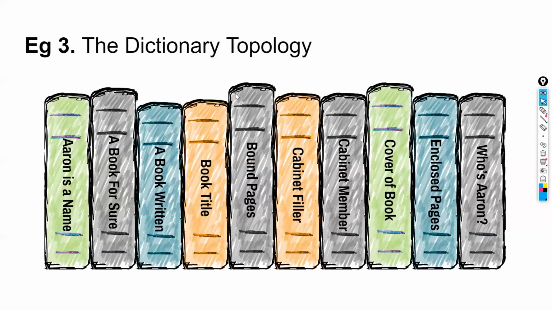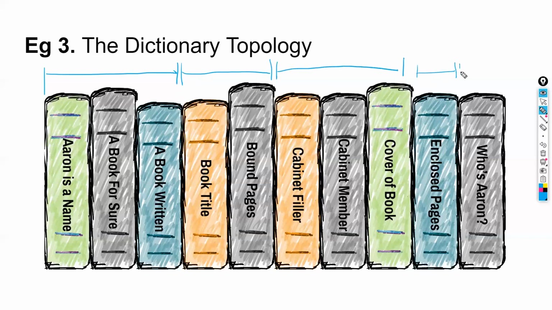Okay, so the next example I want to show you is the dictionary topology. The idea behind the dictionary topology, at least the image that you should have in your head when you're trying to imagine how this should go, is of a bookcase, of just a shelf whose books have been arranged alphabetically. There's kind of a whole section of books that are labeled, that begin with an A. Their titles start with an A. And there's another section of the bookcase where the titles start with B, another with C, like this.